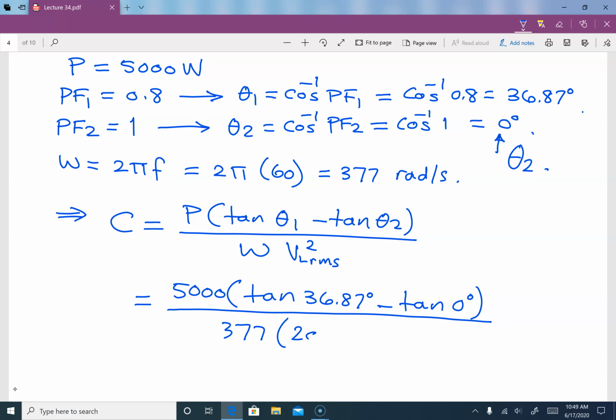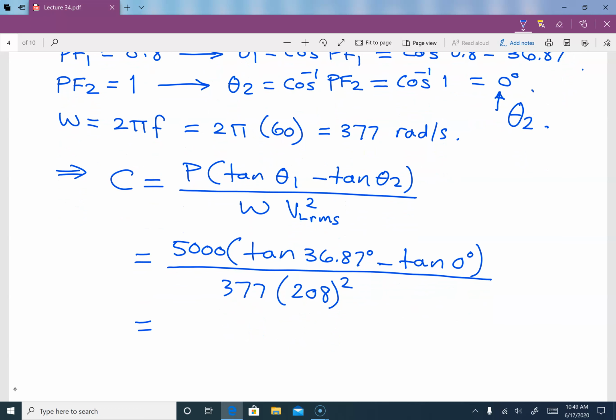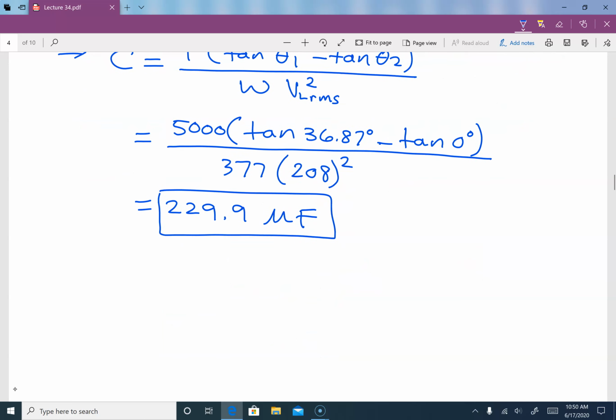It is given as 208 volts RMS, and that is squared. And our value here is 229.9 microfarad. That means if we connect a capacitor of a value of almost 230 microfarad in parallel with that load, we will guarantee a power factor to be unity.